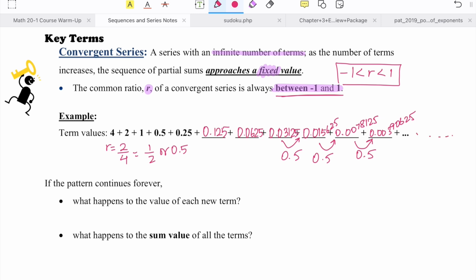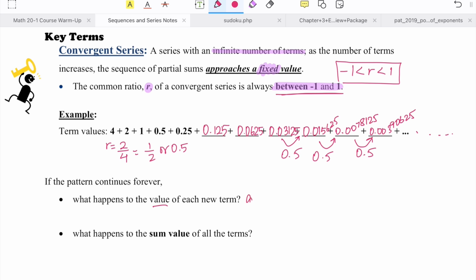If it keeps multiplying by 0.5, the terms get smaller every time, and because they get smaller, eventually it will reach a certain value, right?